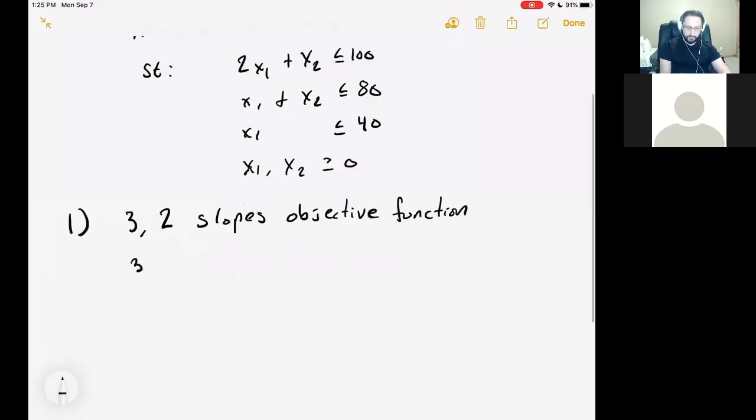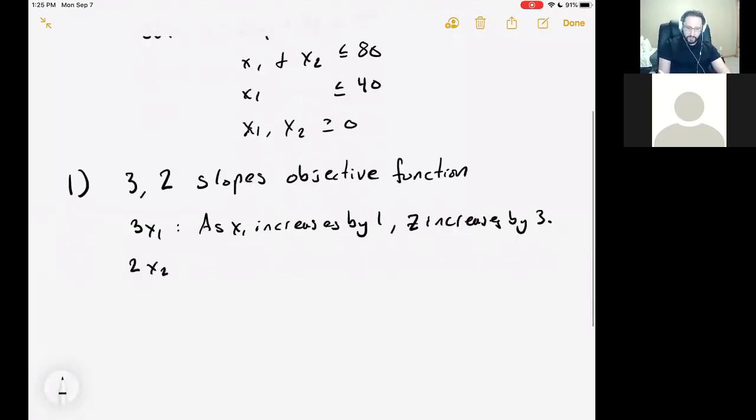The expression 3x1 could be thought of as representing as x1 increases by 1, z increases by 3. And the expression 2x2 could be thought of as x2 increases by 1, z increases by 2.